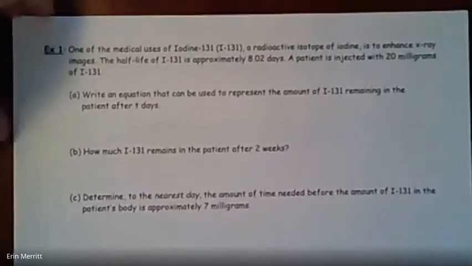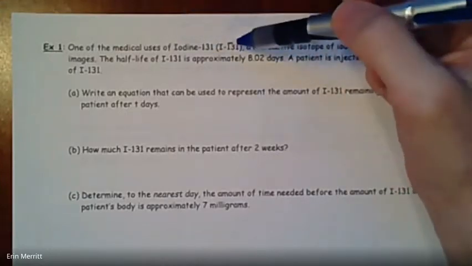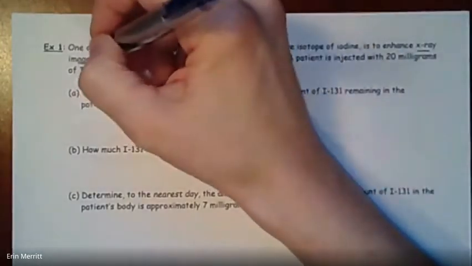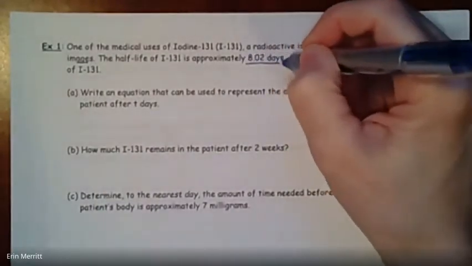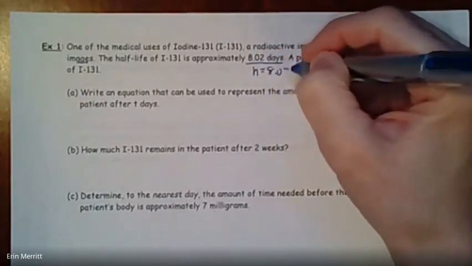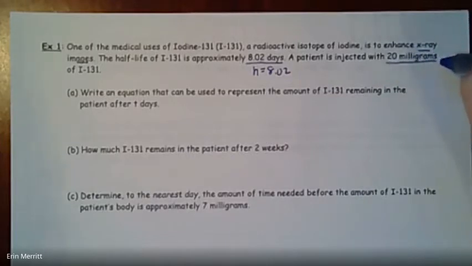So now that we have a formula, we can use it. This first example says one of the medical uses of iodine 131, a radioactive isotope of iodine, is to enhance X-ray images. The half-life of I-131 is approximately 8.02 days. So that would be the H value in the formula. The patient is injected with 20 milligrams.